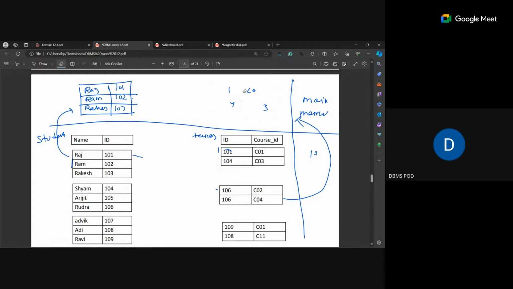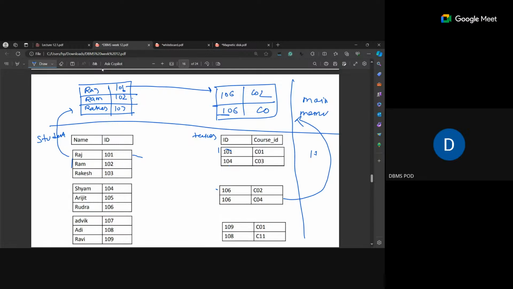After that, this block will move: 106, C02, 106, C04. First we'll check with this. If it matches, it will add to the result. Then we check with 106, and if it matches, it will add to the result. This is the way a block nested loop join works. Have you got it?